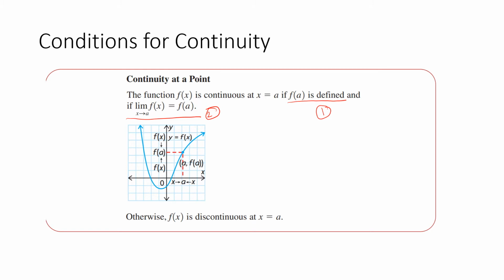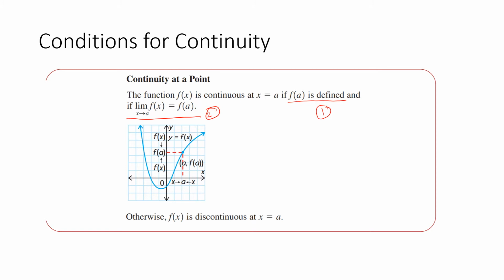The second one is saying that at a point x equals a, the function makes no jumps there, which means that when x is close to a, f(x) must be close to f(a). That makes sense if you think of case C, which had a jump.